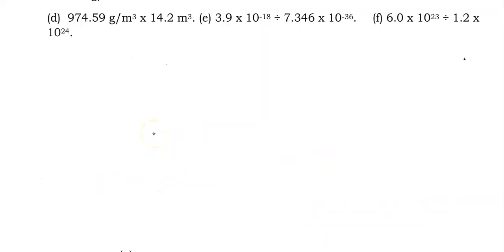Question D is one and the same also. Our first thing, as you can see, is that we don't have the same units. So what we are going to do now is say 974.59 grams over cubic meters multiplied by 14.2 cubic meters.